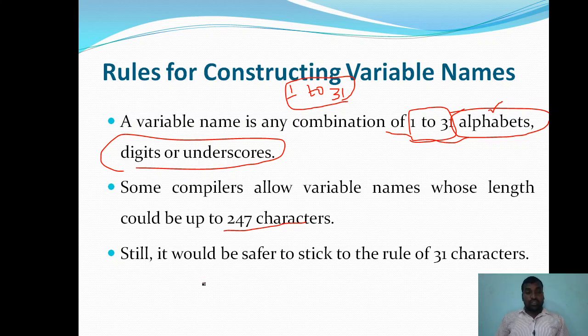Still, it is safer to stick to the rule of 31 characters. It is better to follow this rule. The length of the variable names should be less than or equal to 31 characters, which is good practice.